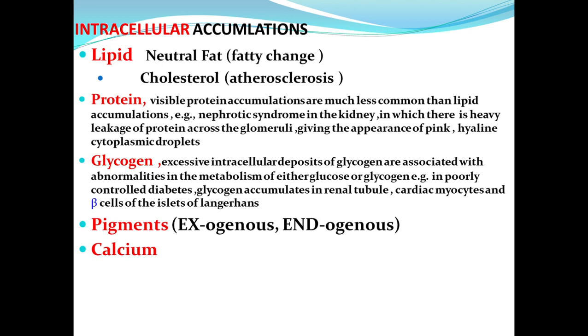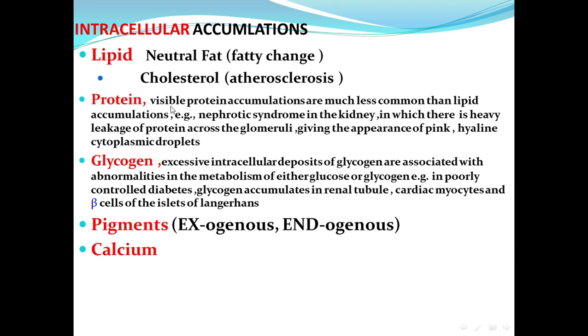Intracellular accumulations could be in the form of lipid, and we have two types: either as neutral fat, which we call fatty change or fatty degeneration, or in the form of cholesterol, deposition in the wall of blood vessels, which we call atherosclerosis. Or in the form of protein.